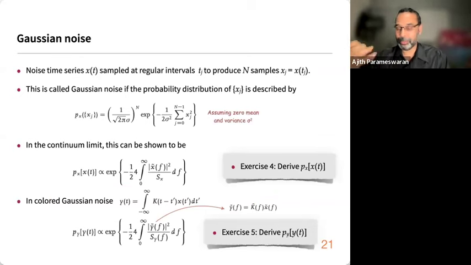And the mean we can actually ignore because most of the time the mean is 0. But even if it's non-zero, we can compute the mean and subtract it from the data so that you have a zero mean Gaussian process. So this means that the only thing that we care about is the variance of the distribution.